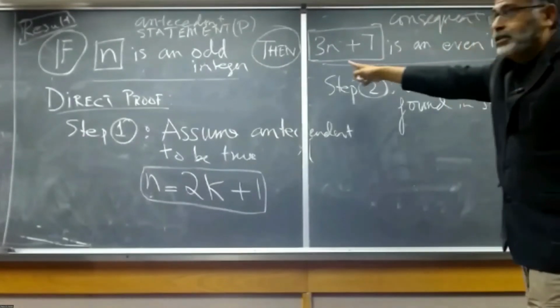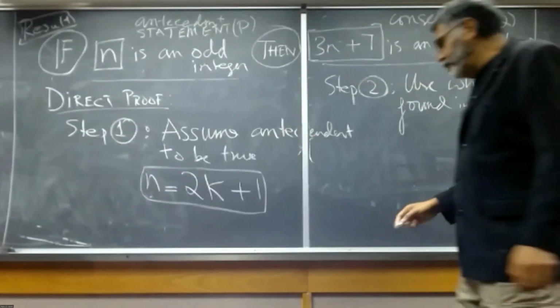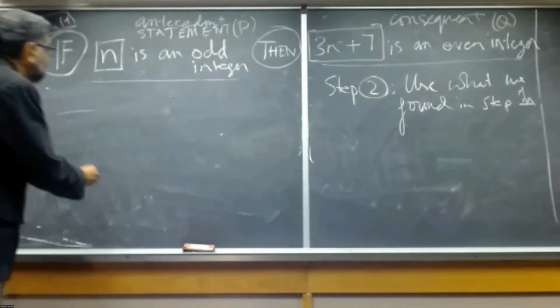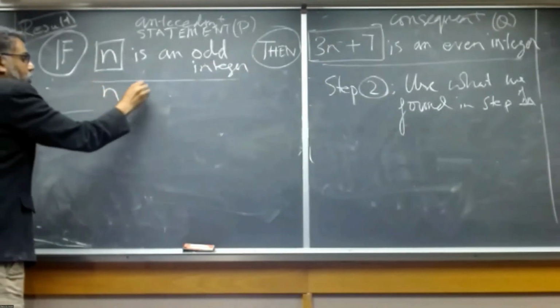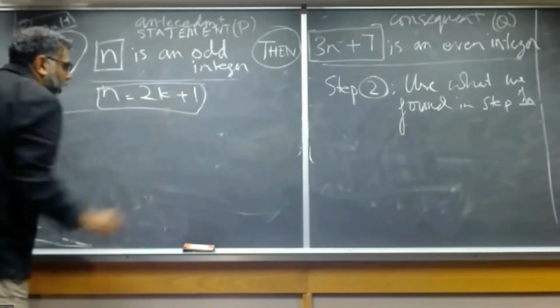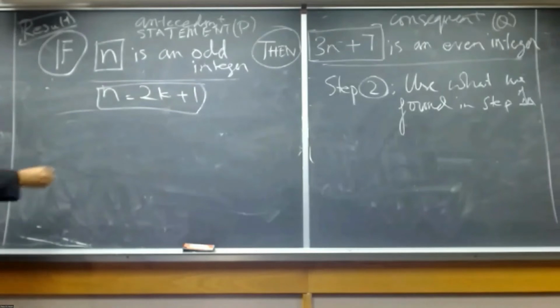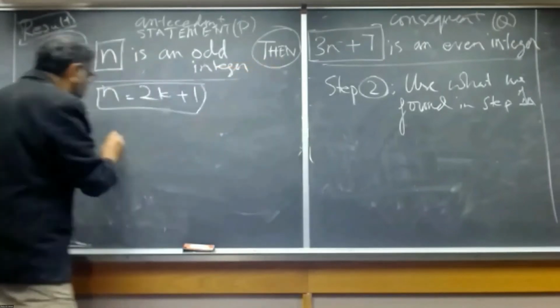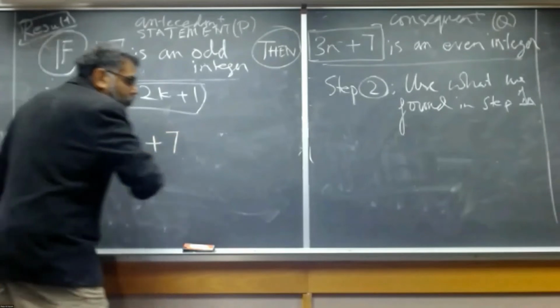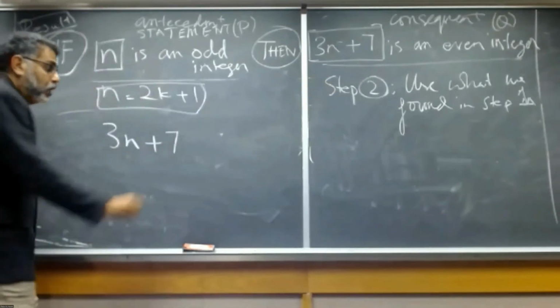Let's start here. We did the first step, and that got us this. And now we're on the second step. So we write this expression, and I'm going to do it in one straight line here.